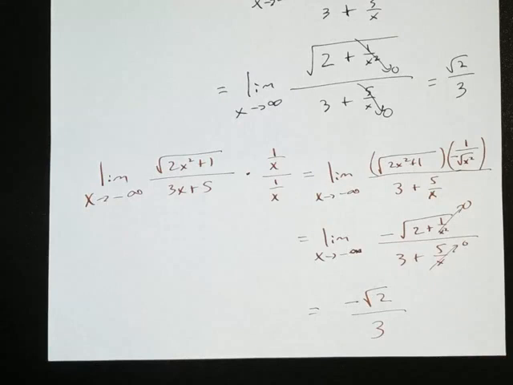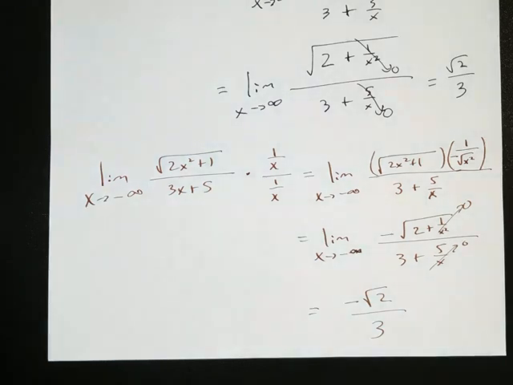So notice that what is happening on the left is different than what is happening on the right because I did not have a rational function. I had a function with a root in it. We've seen this before.